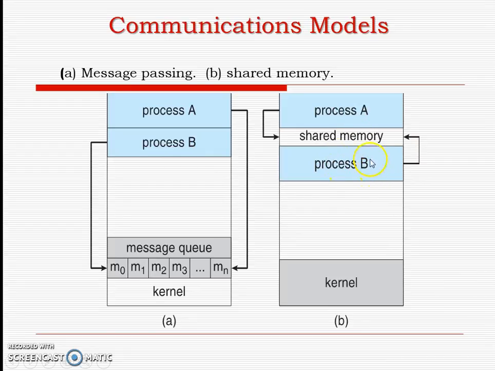Here, process A created one shared memory segment. Whenever process B wants to share that data, first of all process B makes a request to process A. At that time, process A gives the address of the shared memory. Then process B goes to that shared memory and can share the data. This scenario is what I call shared memory.